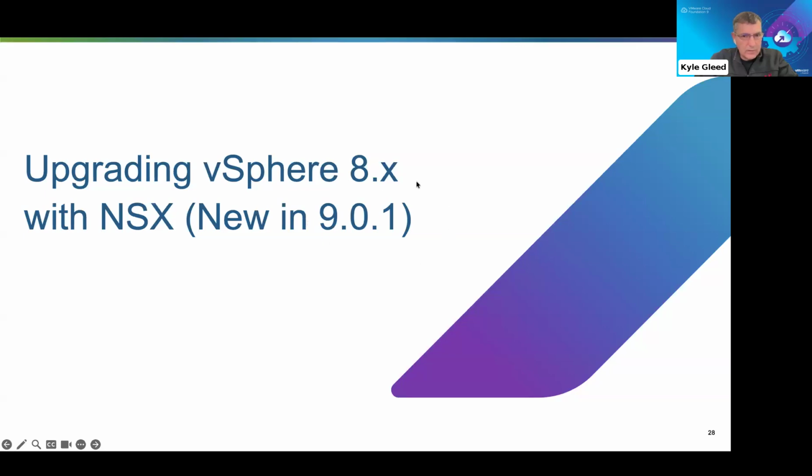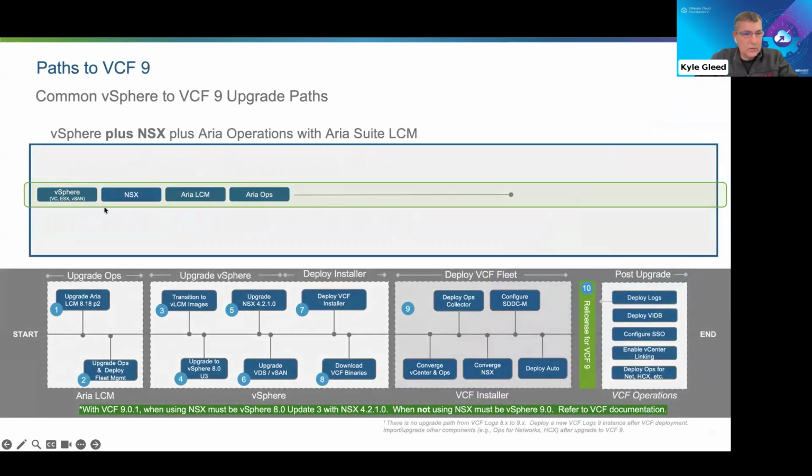So yes, this is a patch, but it carries a significant change, because now we can take a vSphere environment that has NSX registered together with the Aria components. You may or may not have those, but you can now do the upgrade.